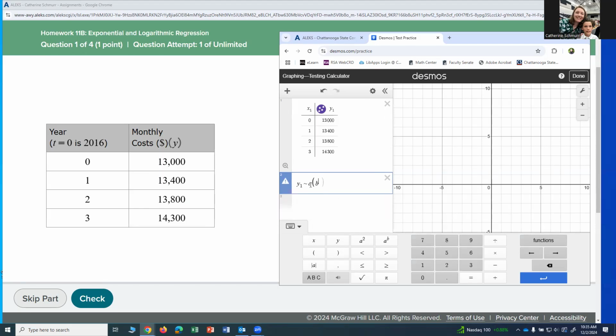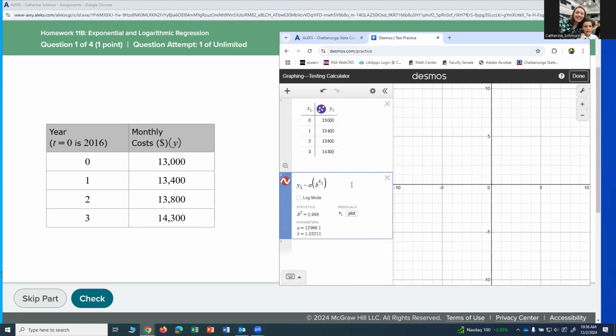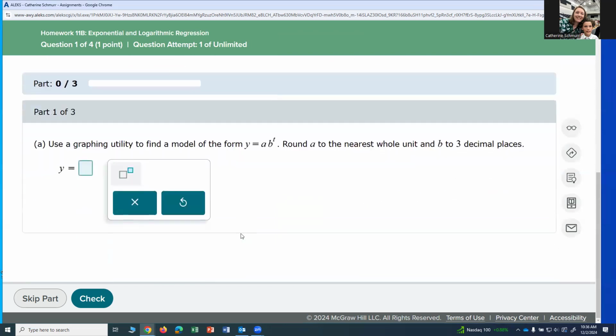Then I'll type in X1 and close those parentheses. Now, when you're doing exponential regression in Desmos, you have to click this log mode box. Otherwise, you'll get the wrong A and B. So I clicked the log mode box, and now I have my A and I have my B, and I'm ready to come down and enter my equation.